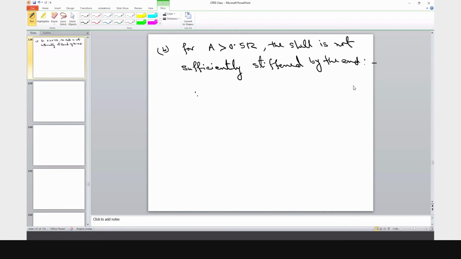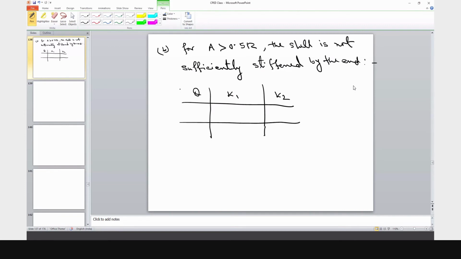So in that case, the values of K1 and K2 are fixed: for 120 degree, 1.07 and 0.192, for 150 degree, 0.161 and 0.279.